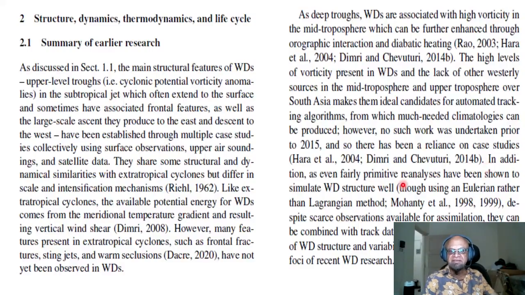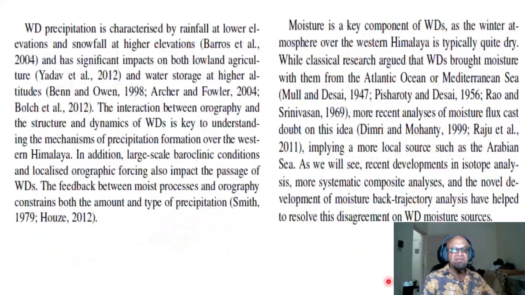In addition, even fairly primitive reanalyses have been shown to simulate WD structure well, though using an Eulerian rather than a Lagrangian method, so you don't track them moving with them, you sit somewhere and look at them passing. So despite scarce observations available for reassimilation, they can be combined with track databases to improve understanding of WD structure and variability. This has been one of the key foci of recent WD research.